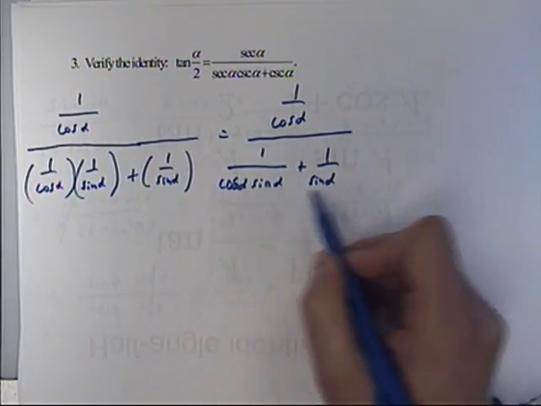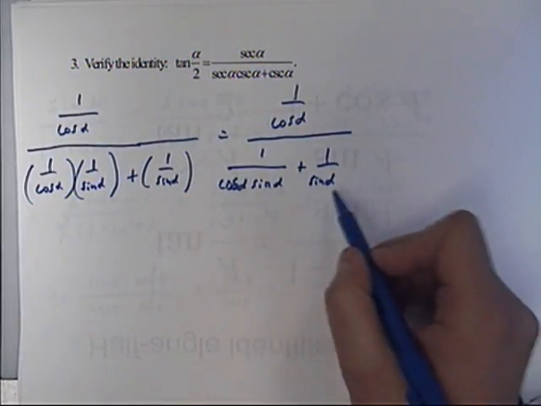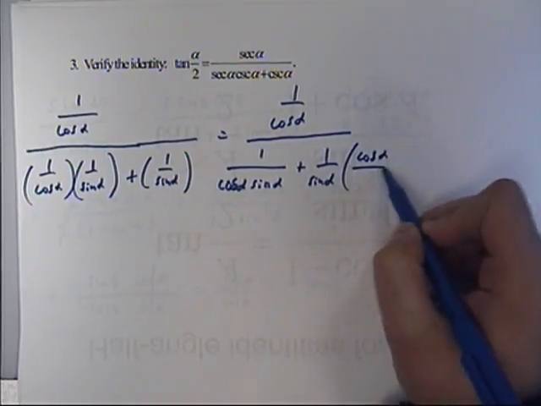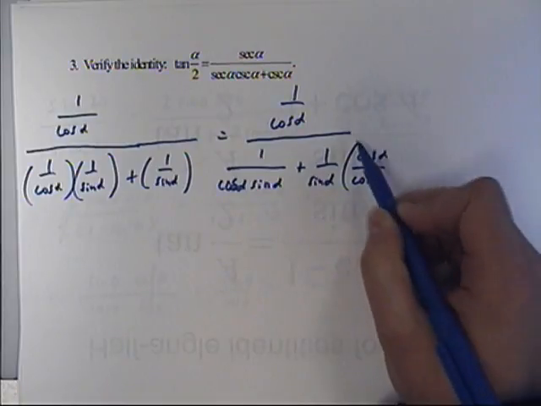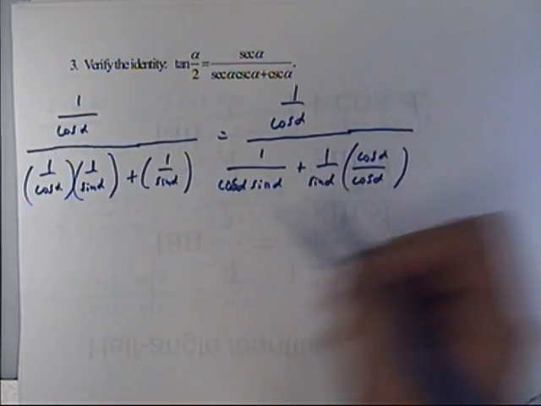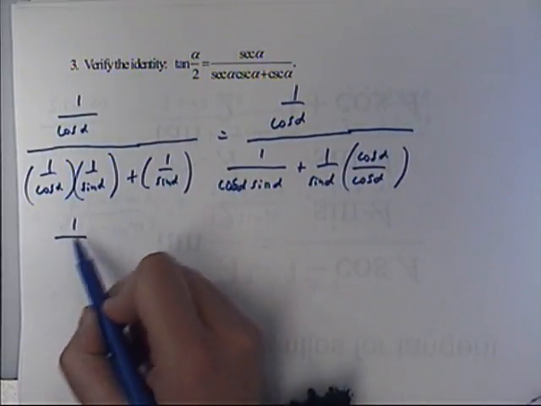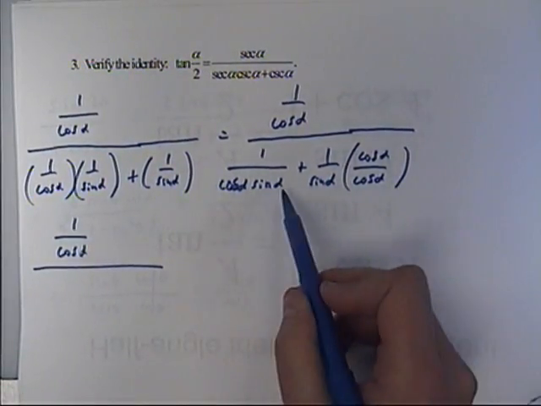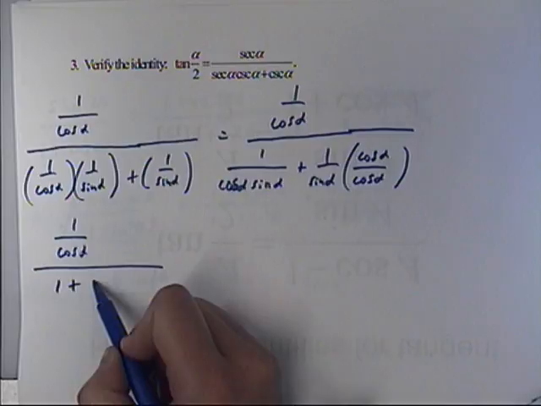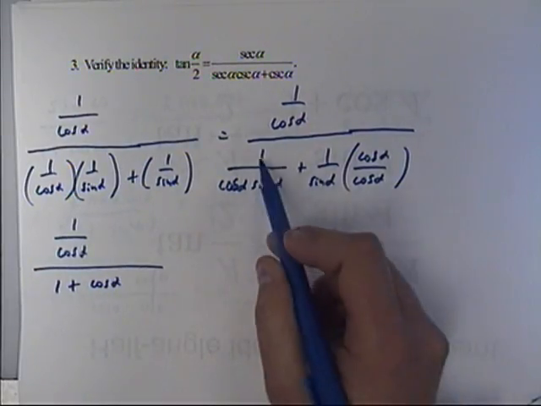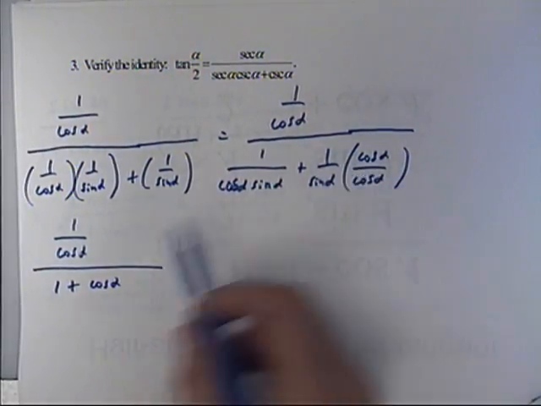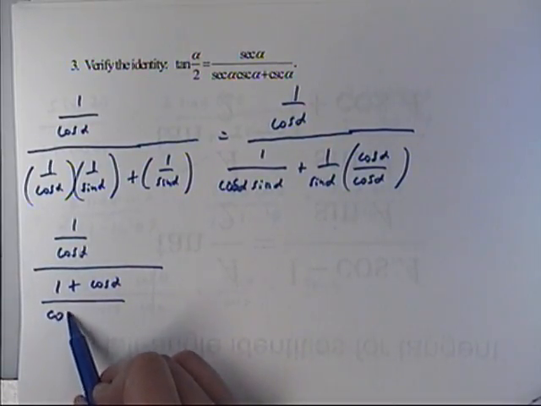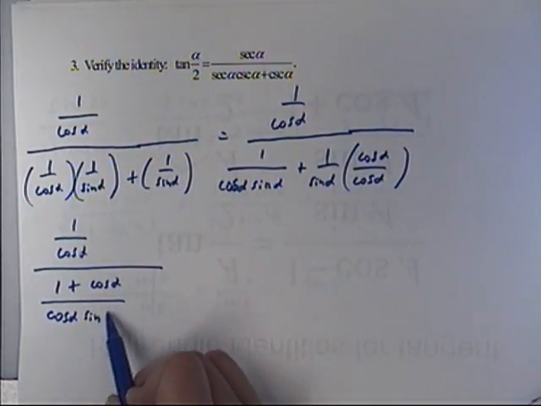Now if I want to add these two together, obviously this one's missing a cosine, so I'm going to multiply this one by cosine alpha over cosine alpha, like so, which gives me 1 over cosine alpha sine alpha on the top. And then if I add the tops together, I have 1 plus cosine alpha on the top, because this is just cosine alpha. And on the bottom, I have cosine alpha sine alpha.